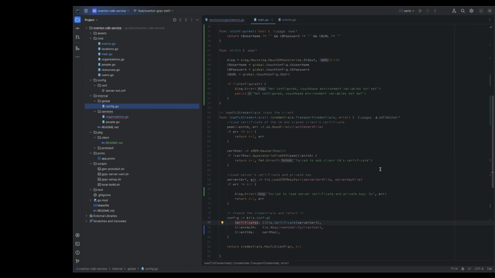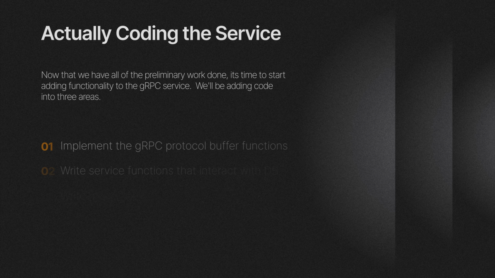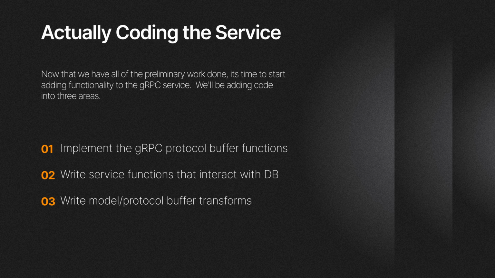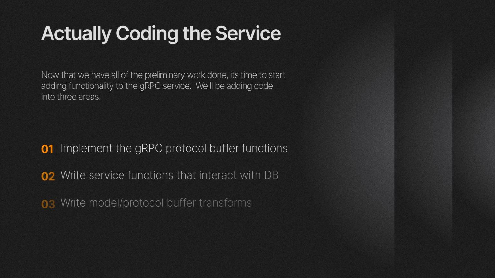debugging this. So now we're to actually coding the service. We'll implement the gRPC protocol buffer functions. We'll write service functions that interact with the database, and then we'll transform the data to and from the protocol buffer, from protocol buffer entities to model entities, and vice versa.